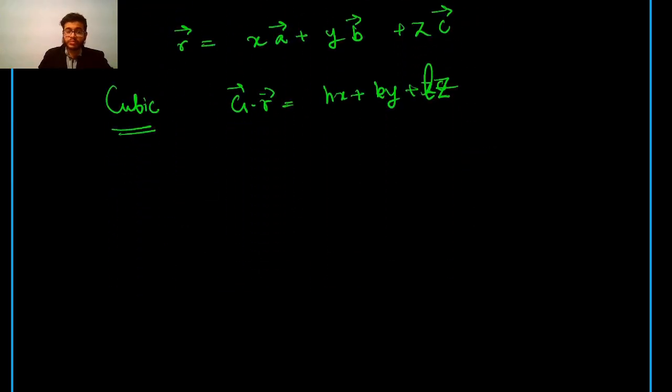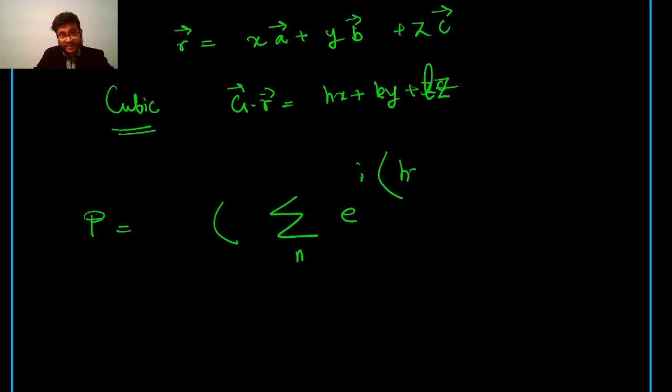So the formula becomes P equals the summation over n of e to the power i times h x n plus k y n plus l z n, where n sums over all of the atoms in the unit cell, and x n, y n, z n are the respective fractional coordinates.